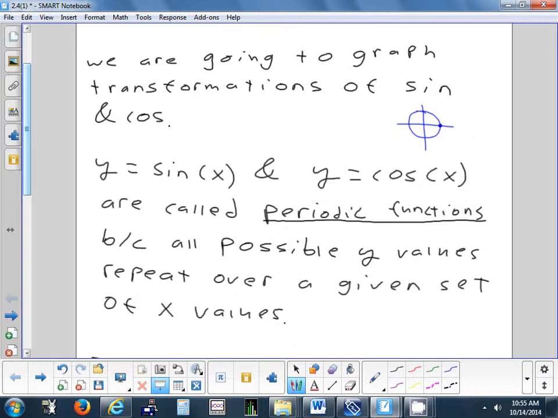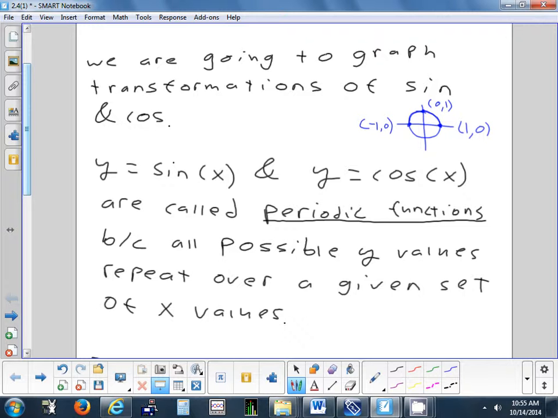So if we start here, this x value is 1, 0. So the y value starts off at 0. It goes up, and the highest the y value ever hits is 1. Okay? And then after 1, it starts to come back down. Okay? It comes back down, and then right here it hits 0. When x is negative 1, y hits 0.